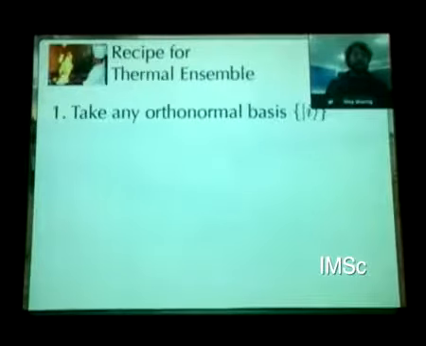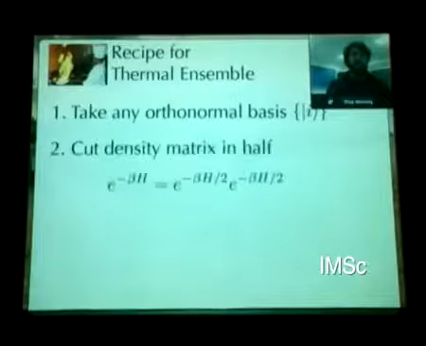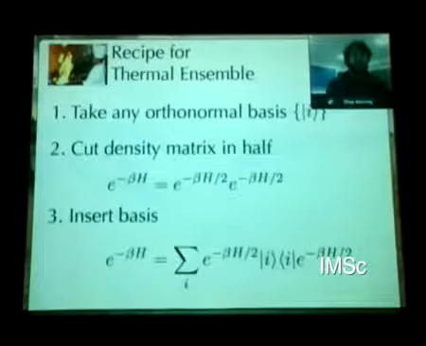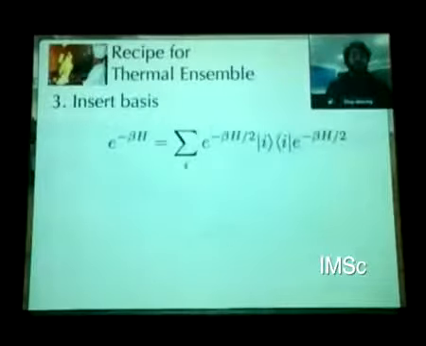So let's say we take any basis, labeled here by the states I, and it can really be any basis you like. To prepare a thermal ensemble from this basis, take the density matrix at temperature beta and cut it in half, meaning square root times square root. That's an exact thing you can do. Then you insert a resolution of identity between them, which just means a sum of the outer product of I with I. The reason to do this is to keep everything looking symmetric.